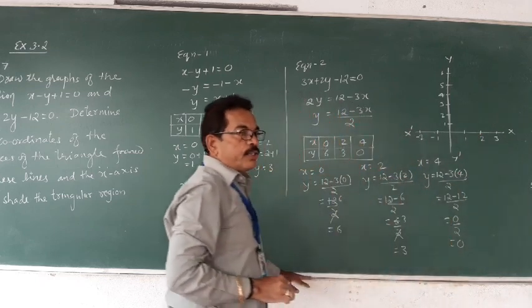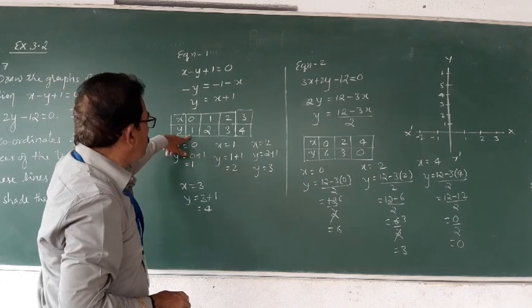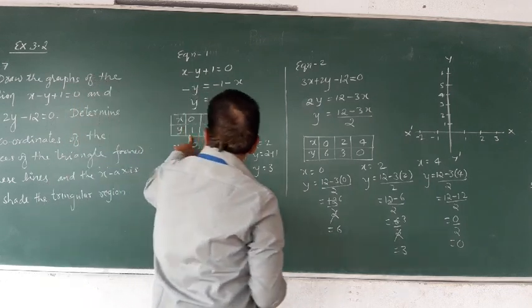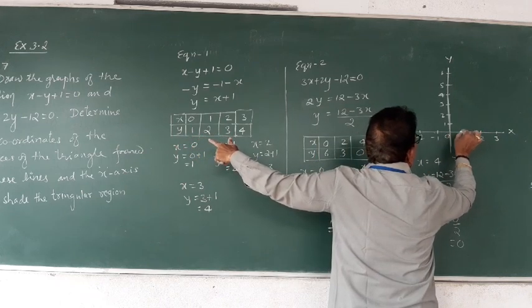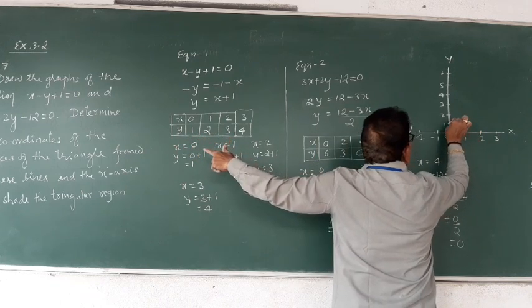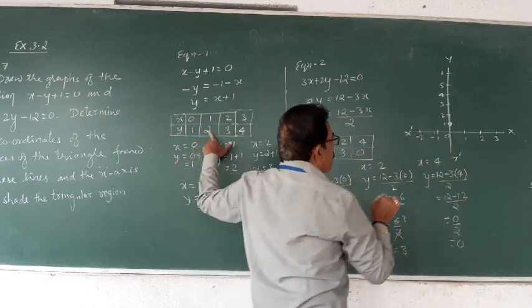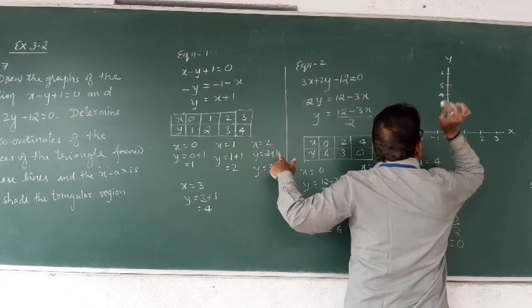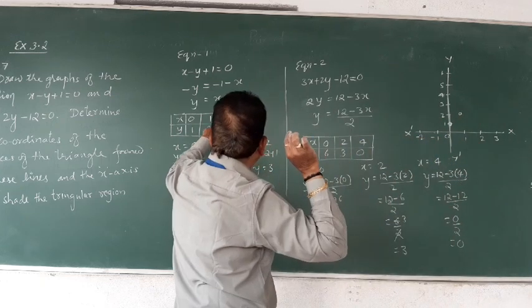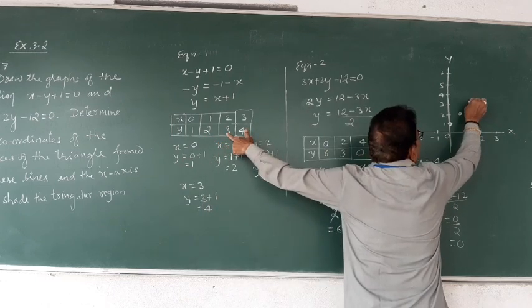X equals 0, y equals 1. Then x equals 1, y equals 2. Then x equals 2, y equals 3.